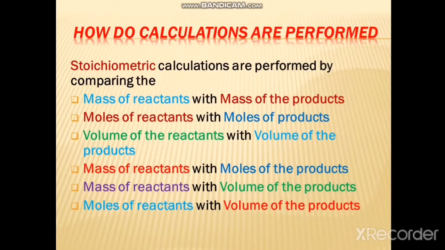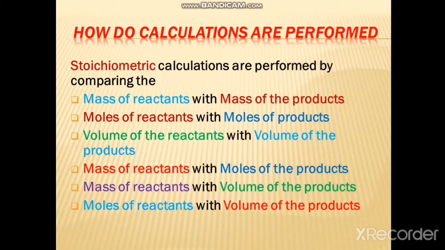Number 1, mass of reactants can be compared with the mass of the products. Similarly, mass of reactants can be converted to the moles of products, and mass can be compared with the volume of the product.